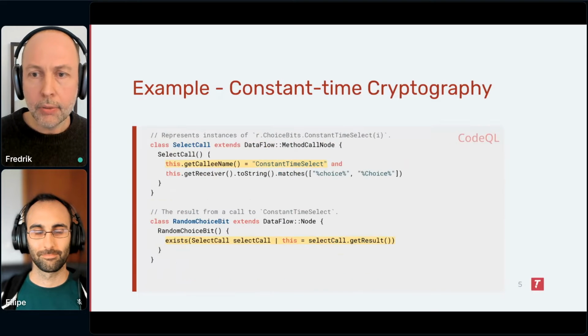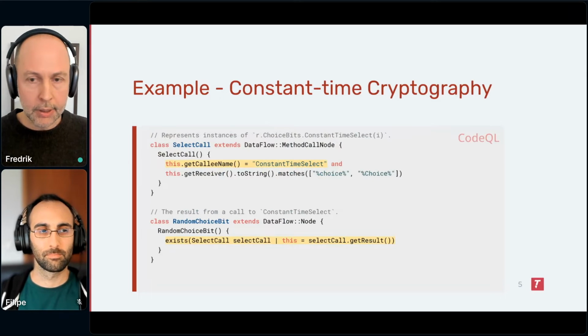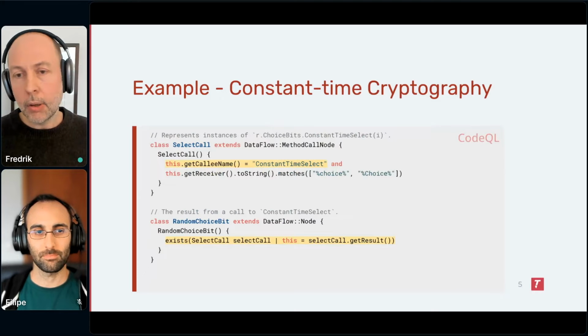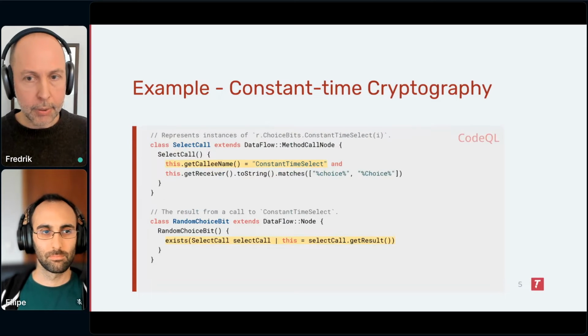Something else I want to say here, if we go back to this previous slide, this is something that I often do: I try to break the query down into smaller steps. We could have defined all of this in one big query, right? But obviously that would have been a lot more difficult to read. Also, if we break it down like this, we can test each component separately.